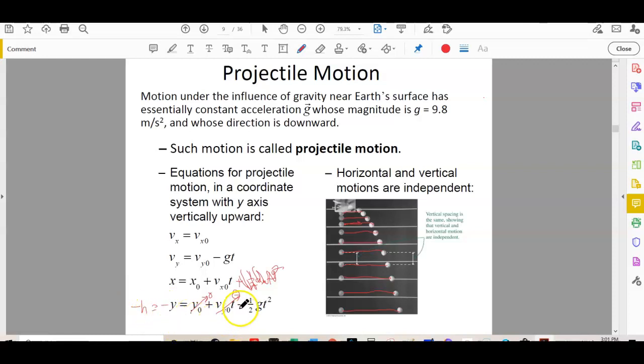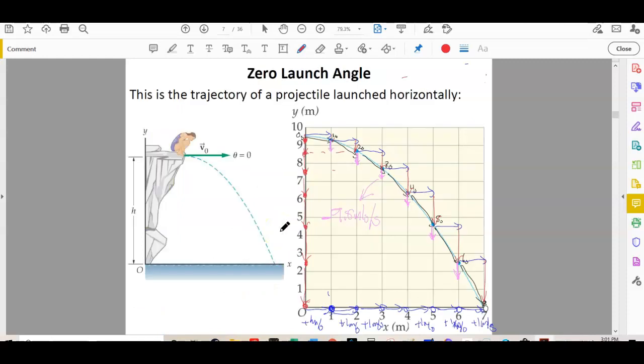And then it's going to be accelerating down at 9.8 meters per second squared, right? And so its final velocity should be directed straight downwards, so that final velocity vector in the y direction is negative. So this is v final y, which is negative, and its v initial y is equal to 0.